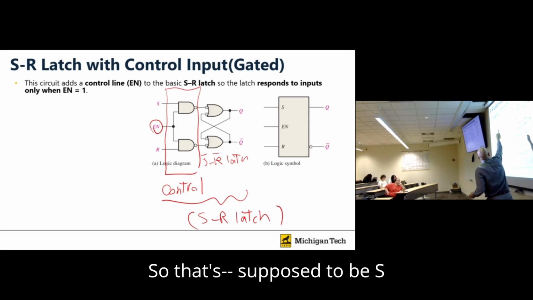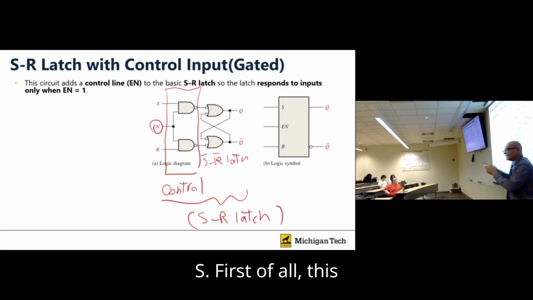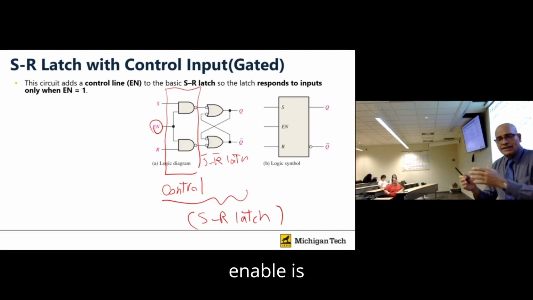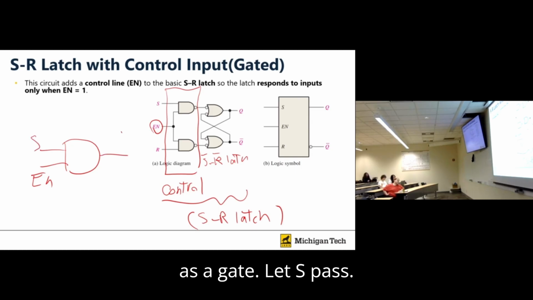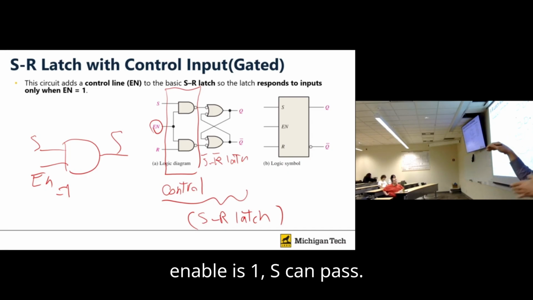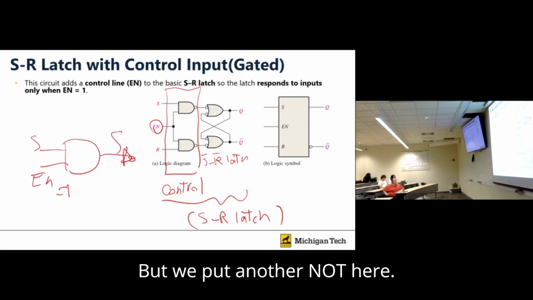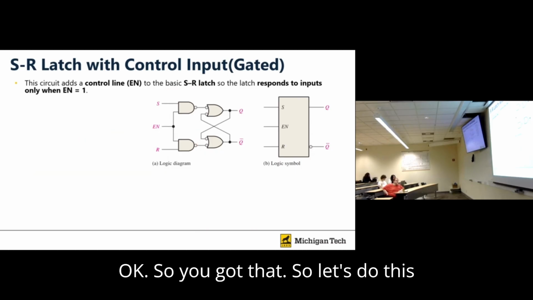So X is supposed to be S bar, and after passing this it is going to be S. First of all, this enable acts as a gate. Remember, AND is a gate. It enables S to pass. If enable is 0, the output is always 0. If enable is 1, S can pass. But we put another NOT here to change S, R back to S bar, R bar. Okay, so you got that.